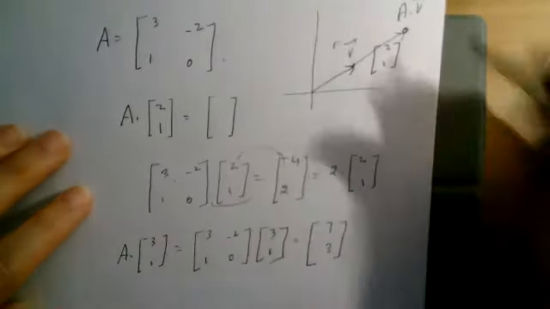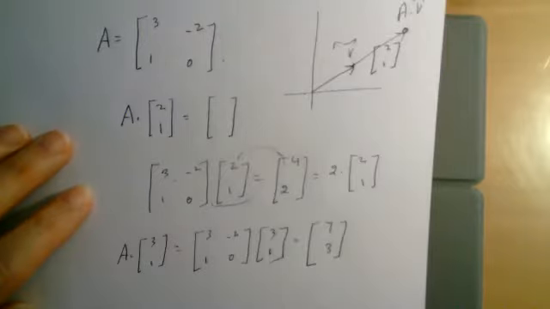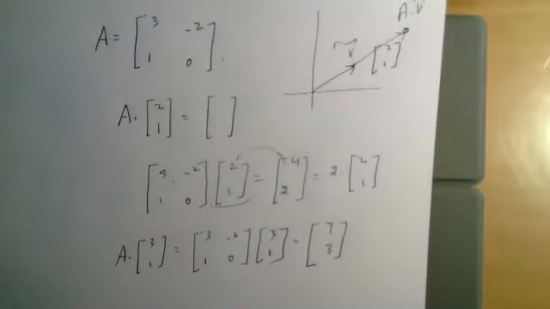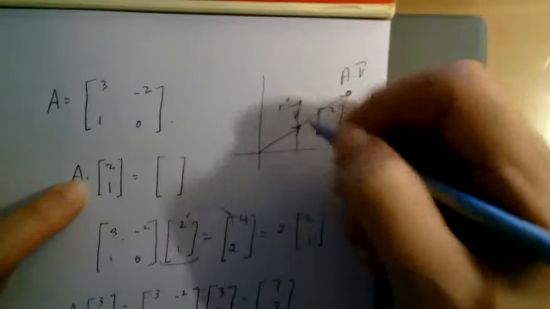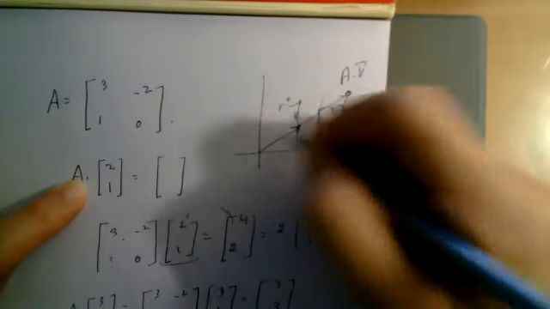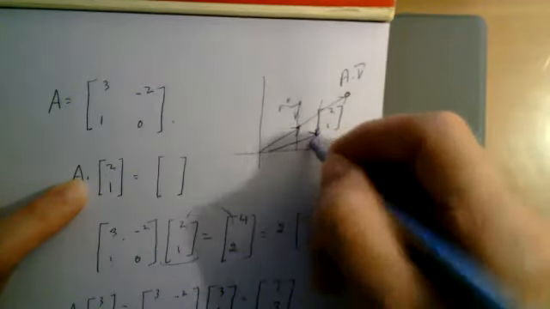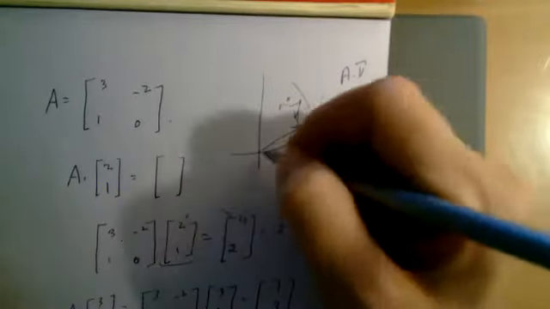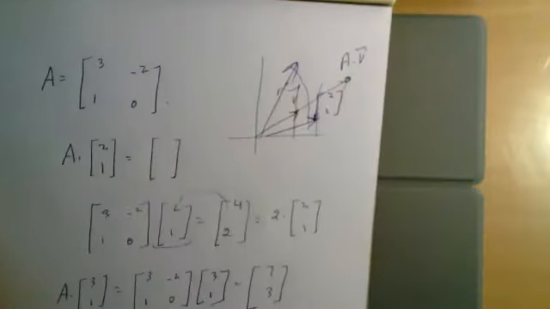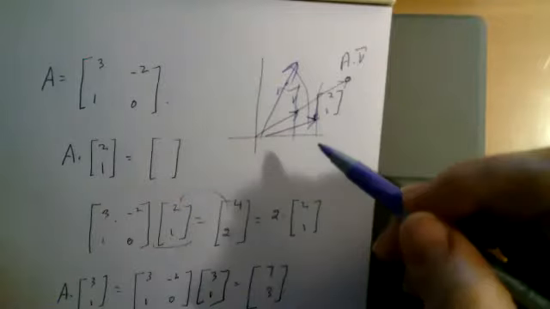So if I take another vector (3, 1), somewhere here, for example, what A does to it is take it somewhere else, to (7, 3). So it does not really stretch it by a scalar.